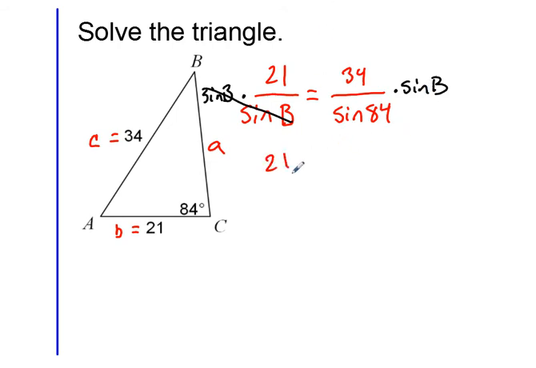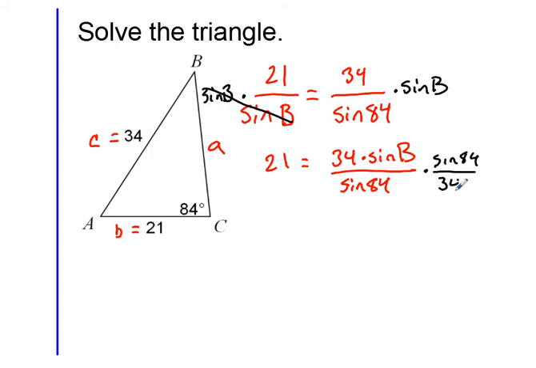Let's rewrite our problem. 21 is now equal to 34 times the sine of angle B over the sine of angle 84. I don't want the sine of 84 here, so I'm going to multiply by the sine of 84. I don't want the times 34, so I'm going to divide by 34.